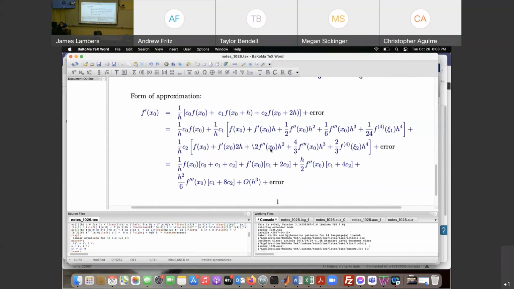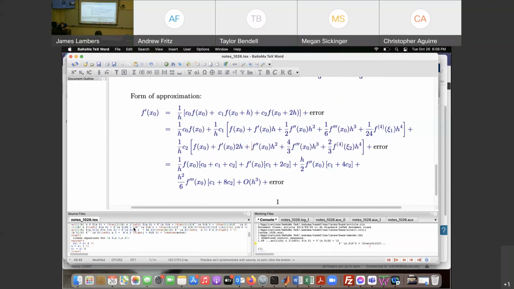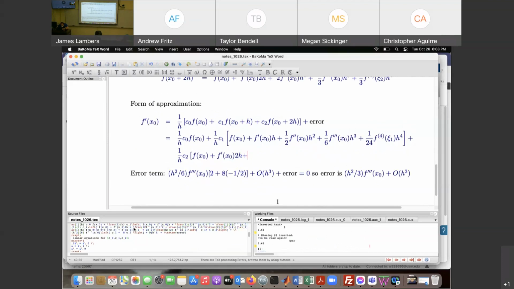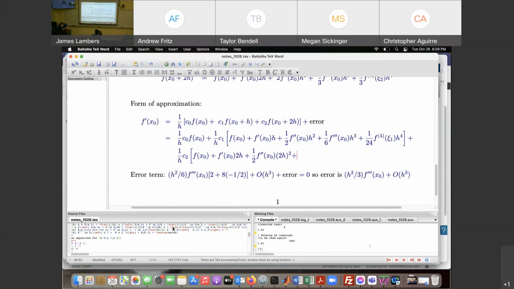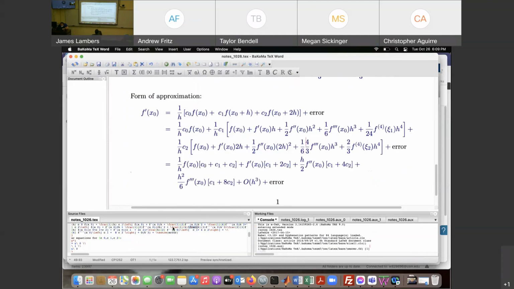Even though all this is correct, it's not intuitive. 1/2, and then 2h squared. And then here I have 1/6, 2h cubed, and so on.